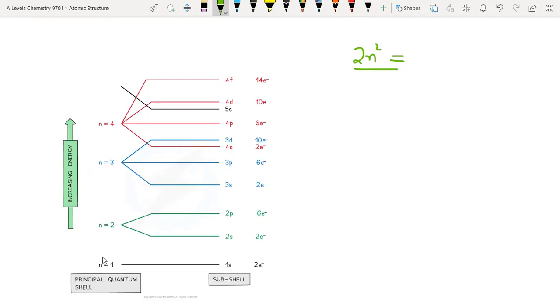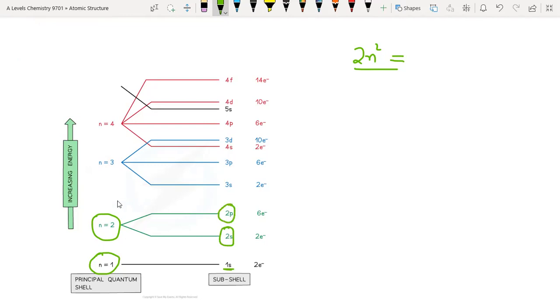The first shell has shell number 1, n is equal to 1, with only one subshell, that is 1s. Shell number 2 is subdivided into two subshells, 2s and 2p.